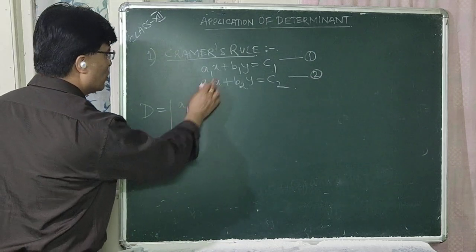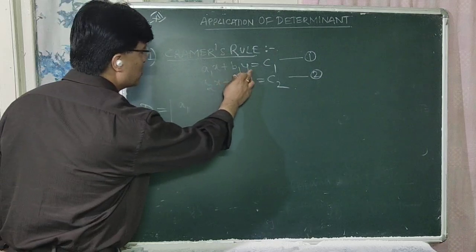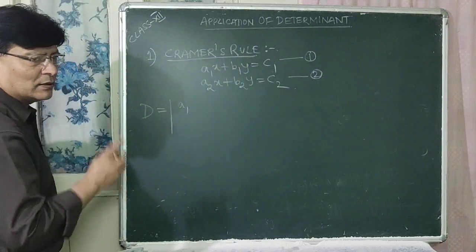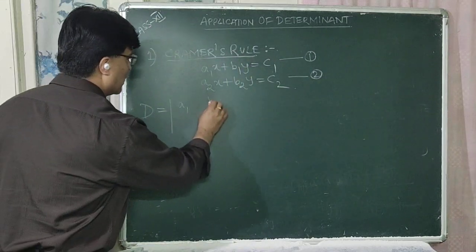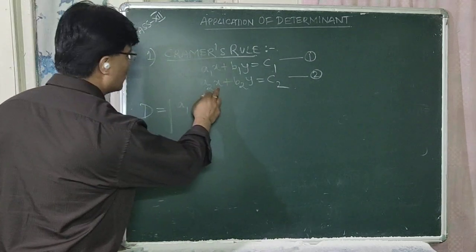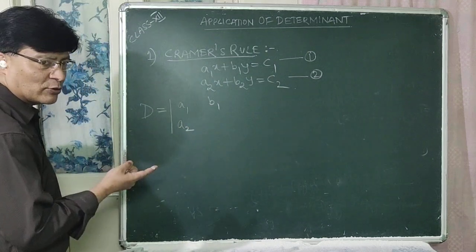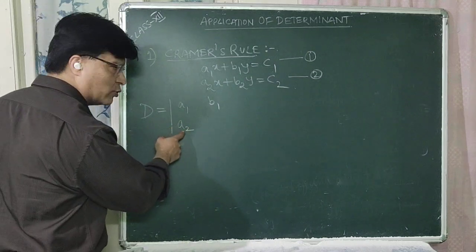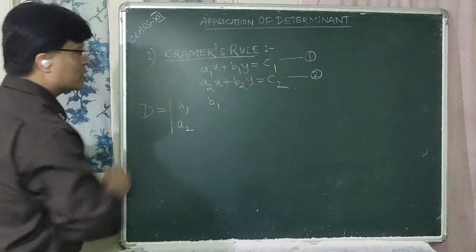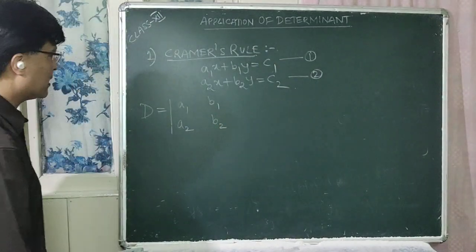What is the coefficient of x in the first equation? a1. What is the coefficient of y in equation 1? That is b1. This is the first row. In equation 2, the coefficient of x is a2, written as the first element in the second row. The coefficient of y in equation 2 is b2, the second element of the second row.